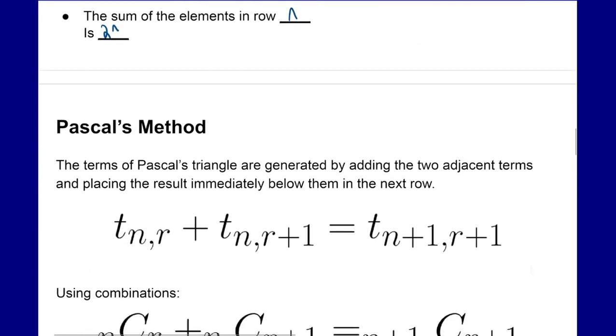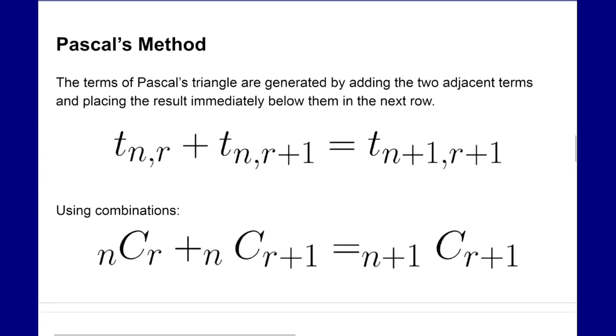So Pascal's method, again, how the triangle works: the terms of Pascal's triangle are generated by adding the two adjacent terms and placing the result immediately below them in the next row. If we want to get technical, term n,r plus term n,r plus 1 is equal to term n plus 1,r plus 1.